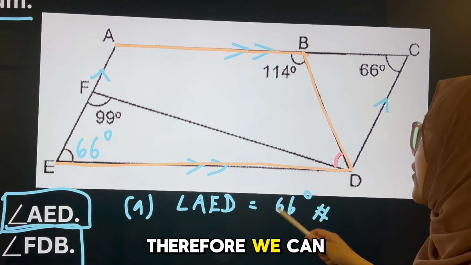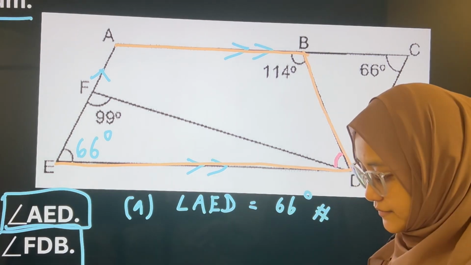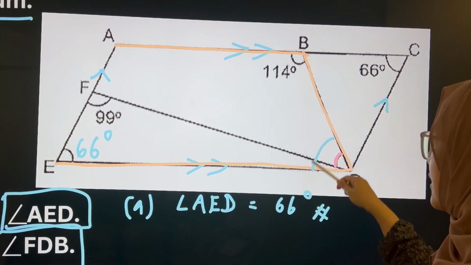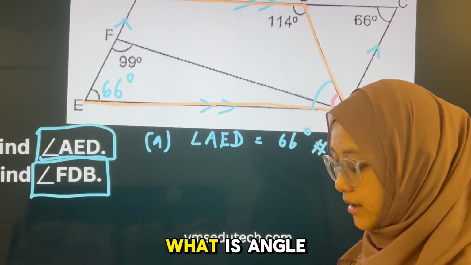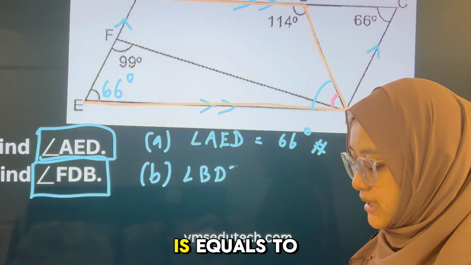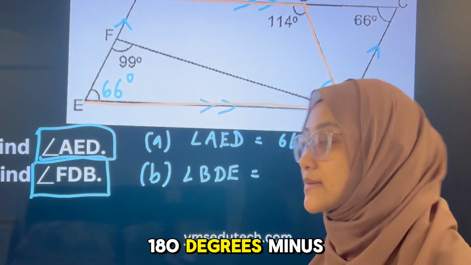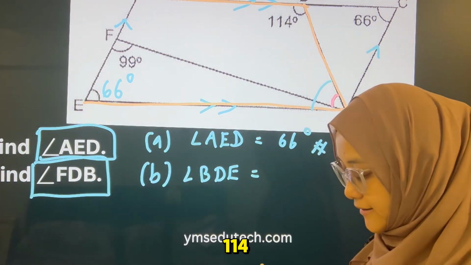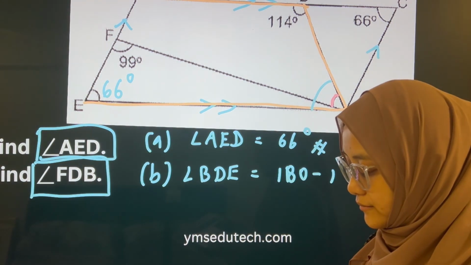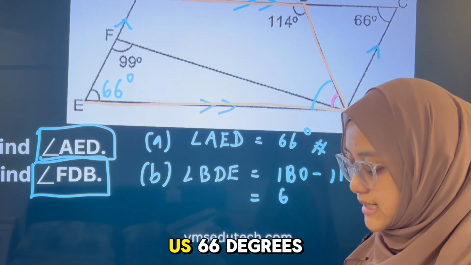Therefore, we can first find angle BDE. Angle BDE is this one here. Let's find out what is angle BDE. Angle BDE is equal to 180 degrees minus 114, and that gives us 66 degrees.